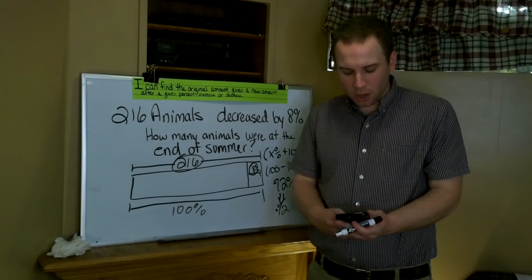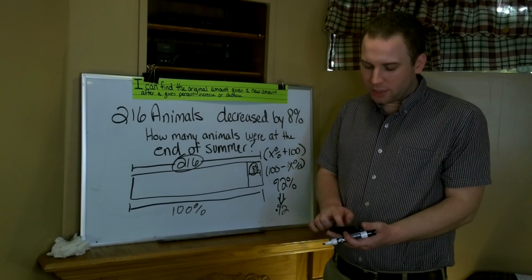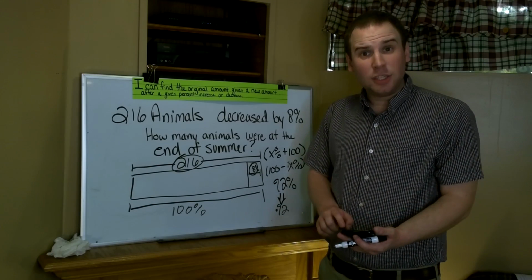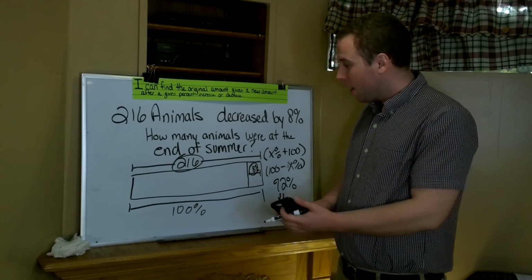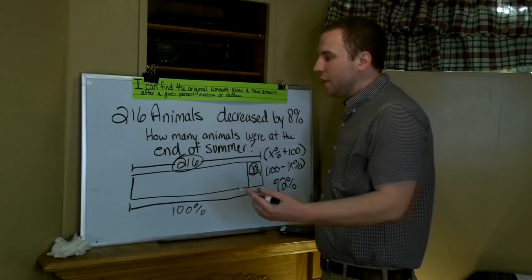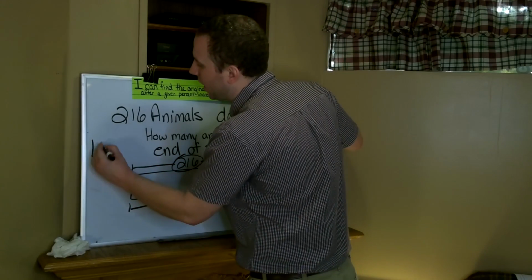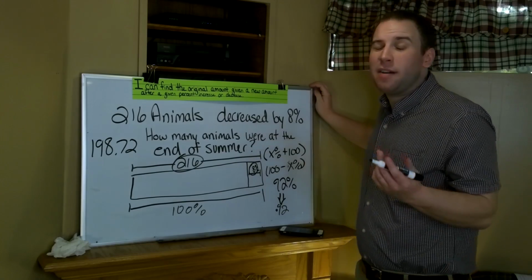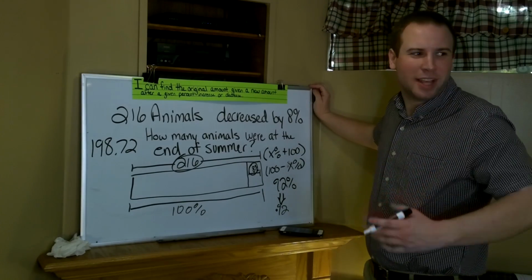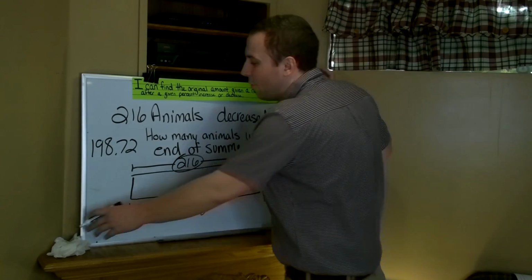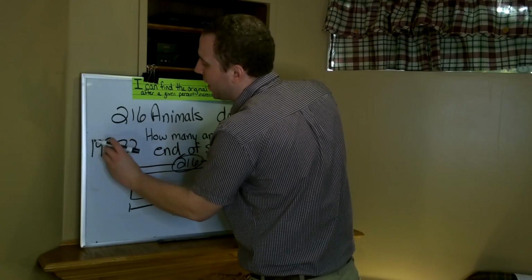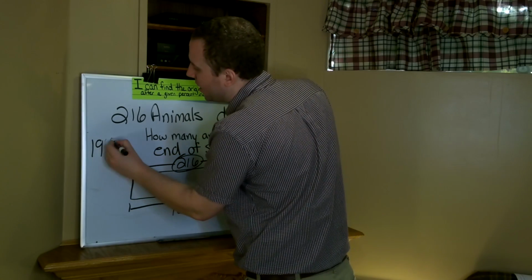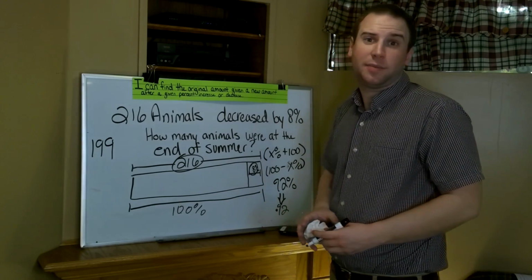So 216 times 0.92, at the end of the summer, gives us 198.72. Now, we can't have 0.72 of an animal. That's kind of gross. It's like one leg or an arm. If we round to the nearest whole animal, we'd round the 7 up and make it 199 animals.